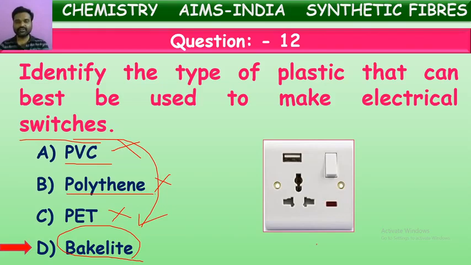Why is it made with that only? It won't melt, even with high heat or high electricity passed. It won't pass heat or electricity through it, so you won't get any shock or heat. But the disadvantage is it cannot be remolded. Anyhow, bakelite is the correct answer.